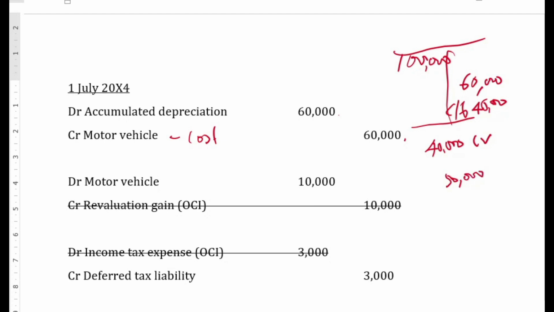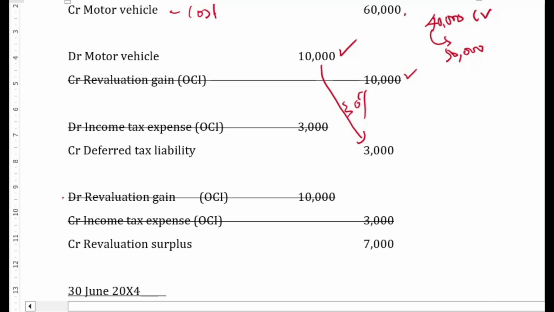So to increase that to 50,000, we debit motor vehicle 10,000 and it's a revaluation. So we credit other comprehensive income revaluation gain 10,000. And for this deferred tax liability, because the carrying value is higher than the tax base by 10,000, at 30% it is 3,000, and the income tax expense of 3,000 we debit.